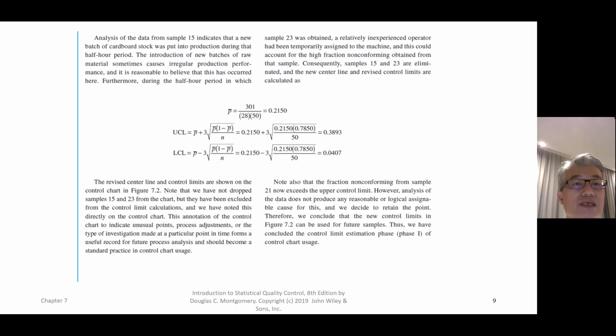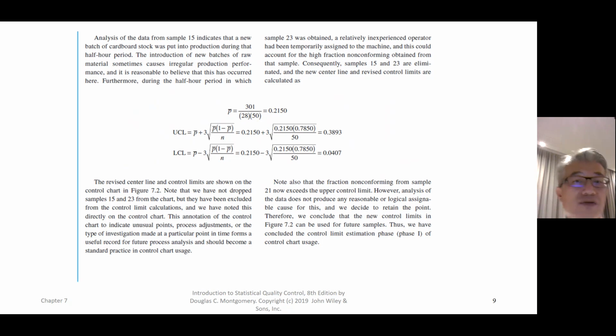Note that we have not dropped the samples from the chart, but they have been excluded from the control limit calculation.